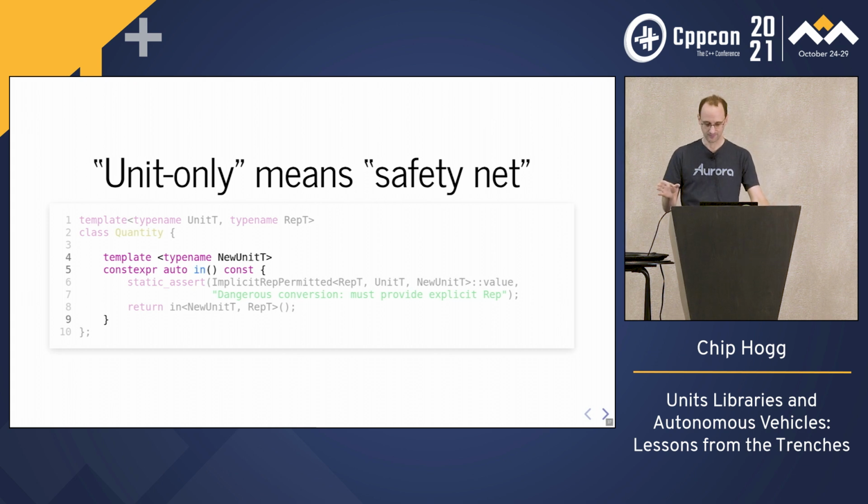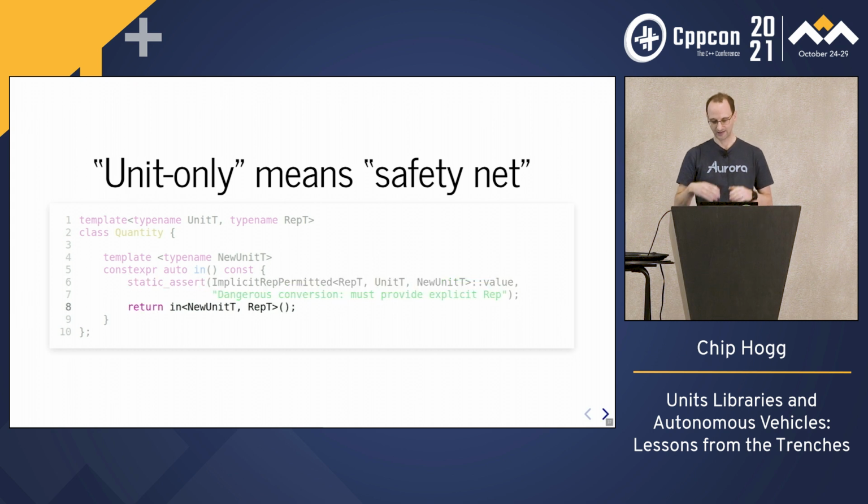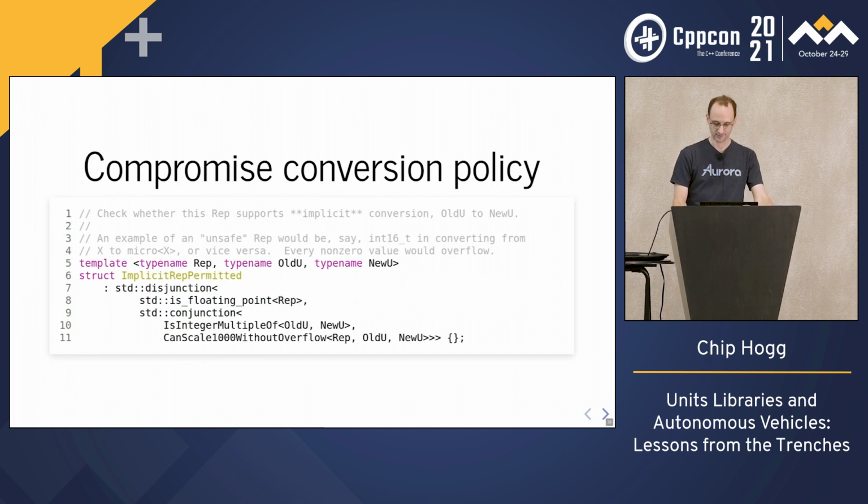If we got here, it means that the caller has said, please convert to this unit, but only if it is safe to do so. We implement that safety check with this policy trait class, implicit rep permitted. It depends on the rep that you're using and the specific unit conversion. If we pass that safety check, we just delegate to the 2-argument version. Easy.